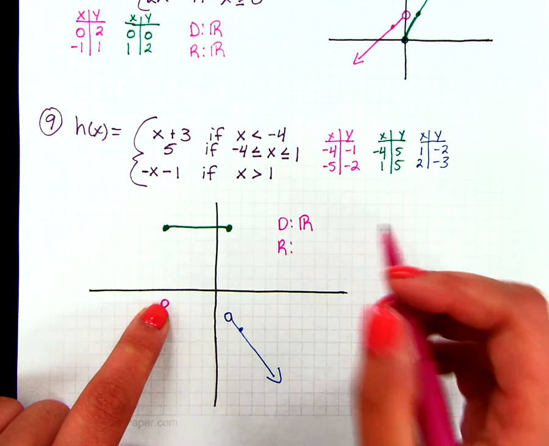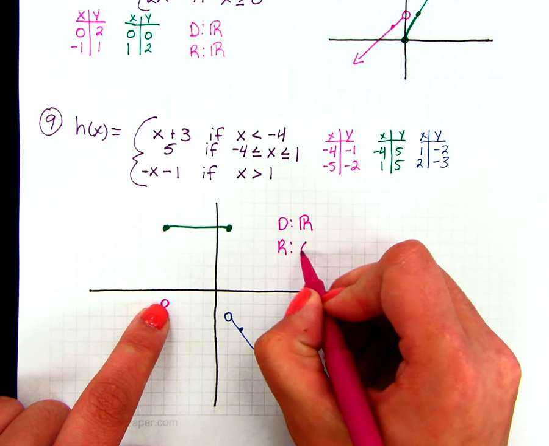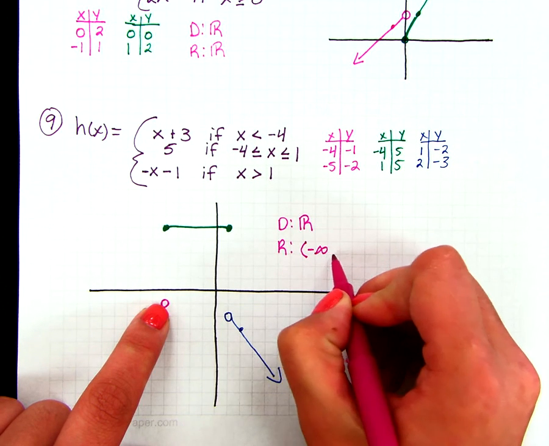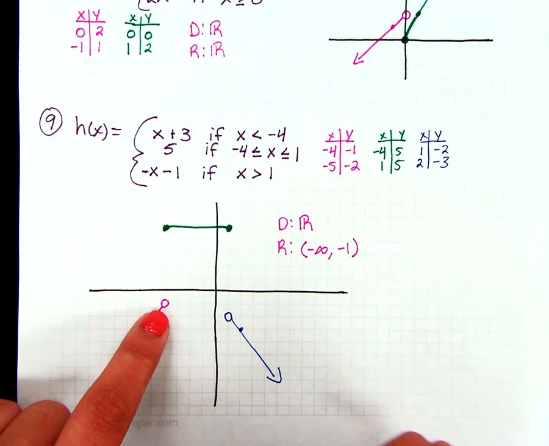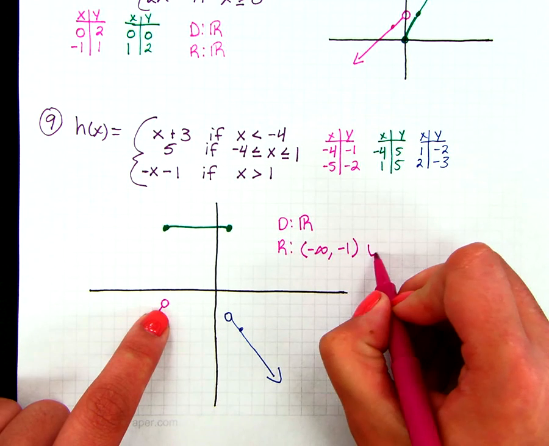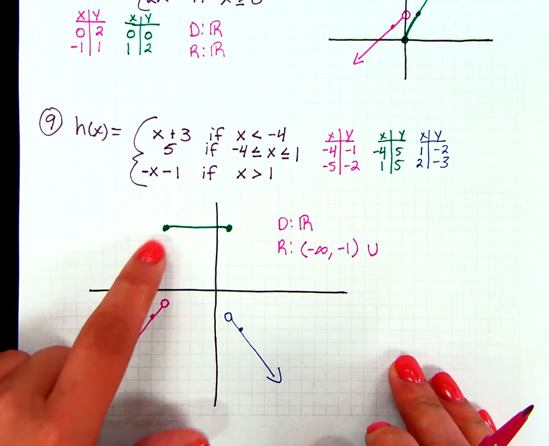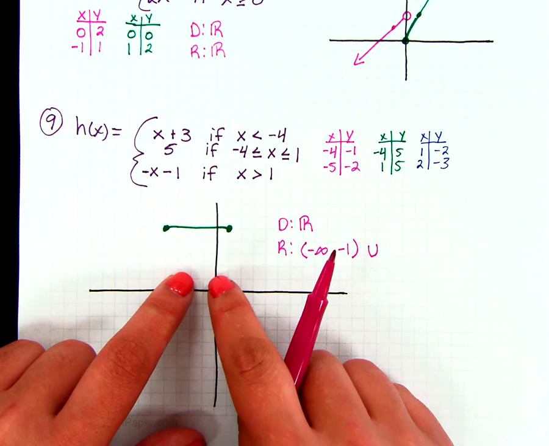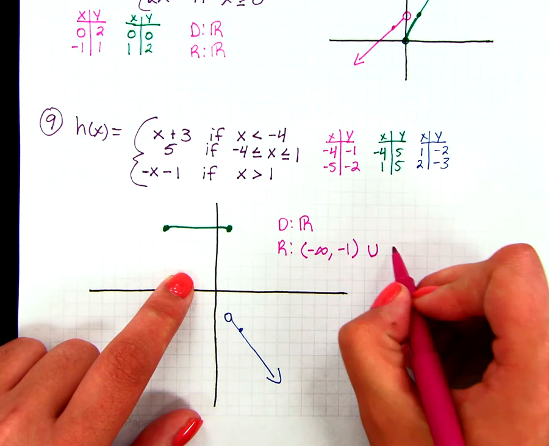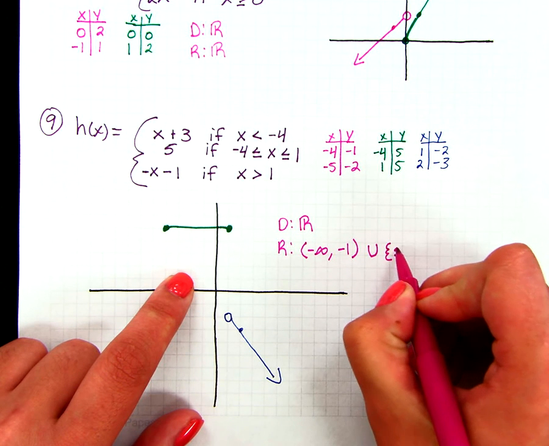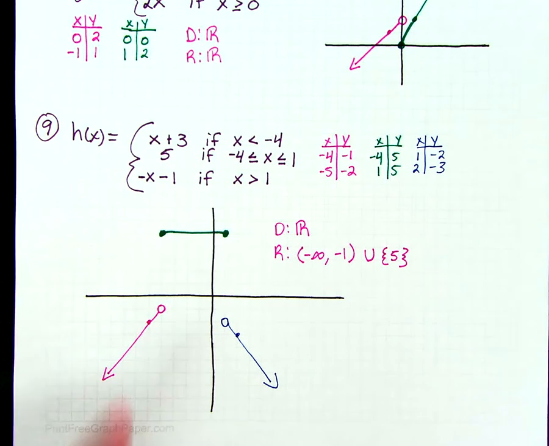So for this first part, we have everything from -infinity up to -1 from this graph, and we're going to put a parenthesis because it's an open circle. Or our y value up here on this line, which is at 1, 2, 3, 4, 5. So that's our other y value, so that has to go in the curly brackets. So that would be our range for that one.